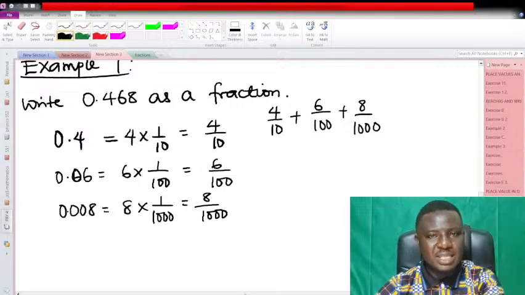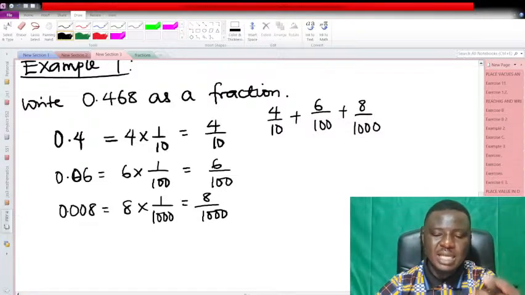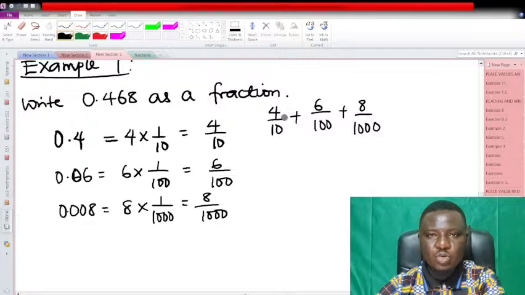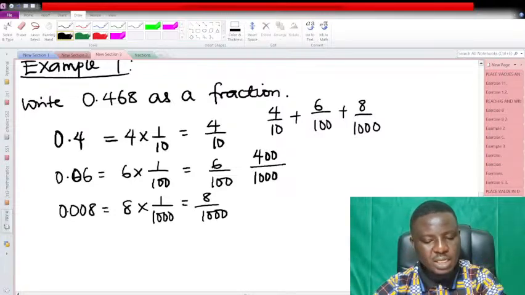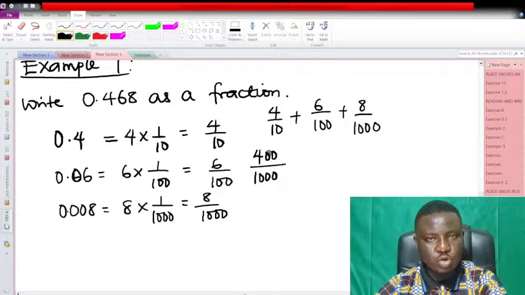In essence, I'm multiplying both the numerator and the denominator by 100. And when you do that, this gives us 400 divided by 1,000. I have added 2 zeros to make it up to 1,000, and I've also done the same to the numerator.